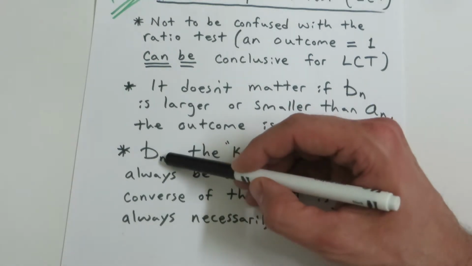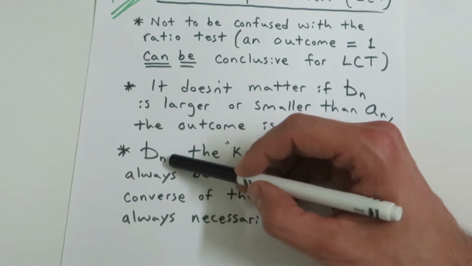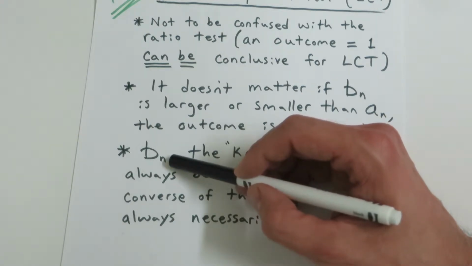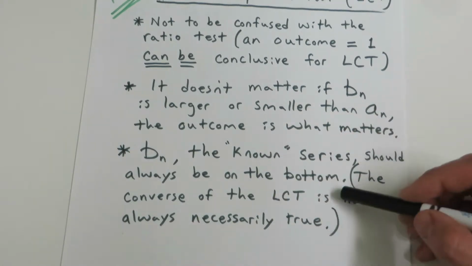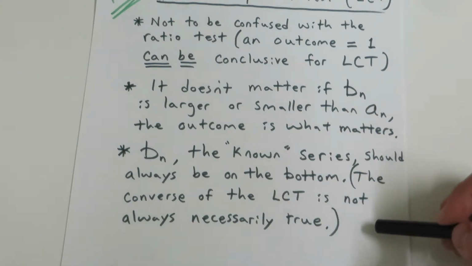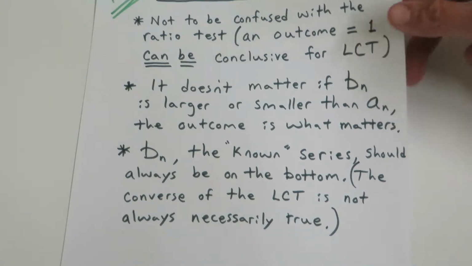It doesn't matter if you pick the sequence that is larger or smaller of the two, as long as the known series is on the bottom. The converse is not always necessarily true. If you put the known series on the top, you may get a conclusion that might look okay, but it doesn't hold water.